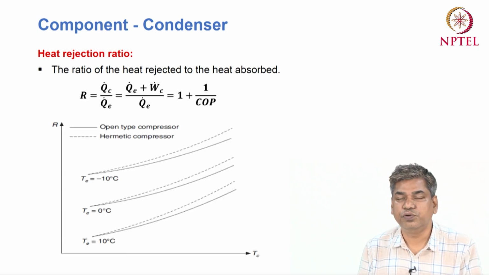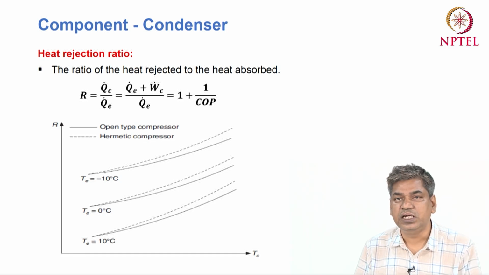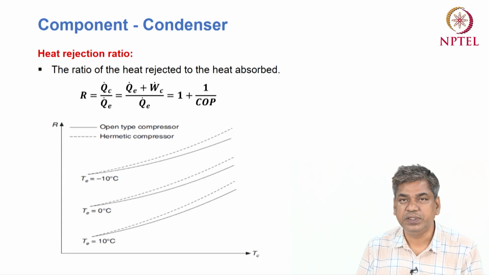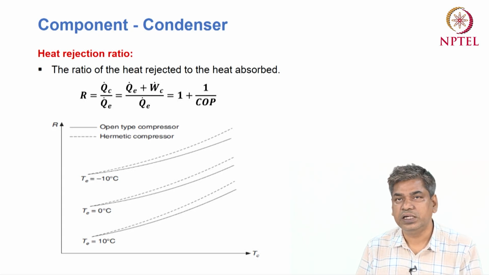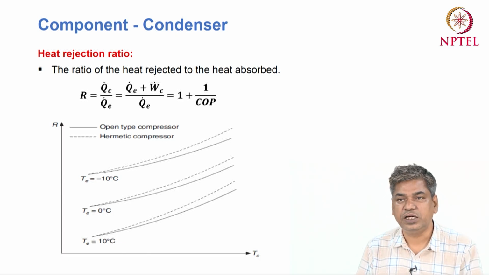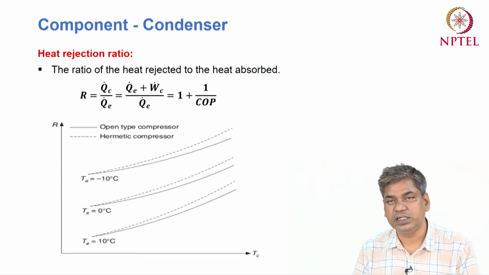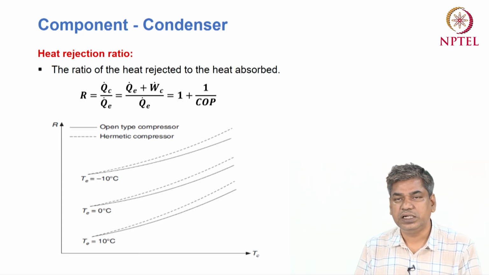For two compressor types, one the open type compressor and the other the hermetic type compressor, this figure shows how the heat ejection ratio varies with respect to the condenser temperature and the evaporator temperature. As shown in this figure, the heat ejection ratio will increase with the increase in condenser temperature, and it will decrease with the increase in evaporator temperature.